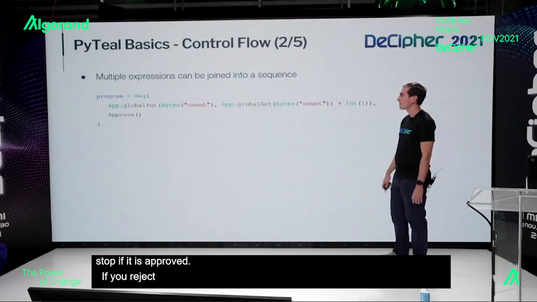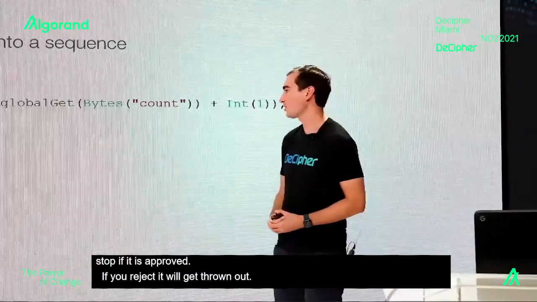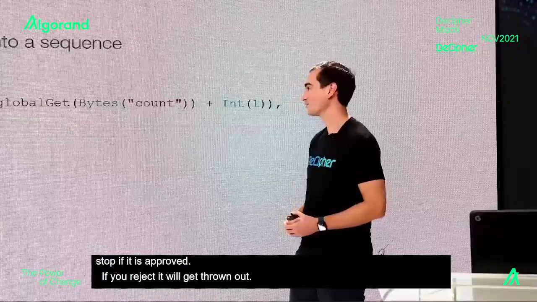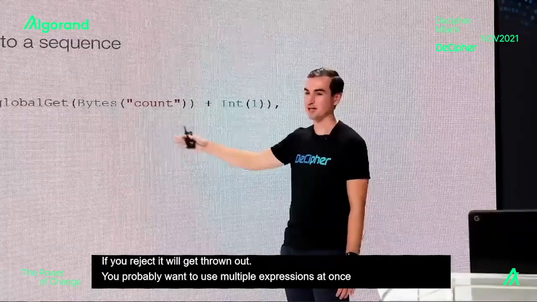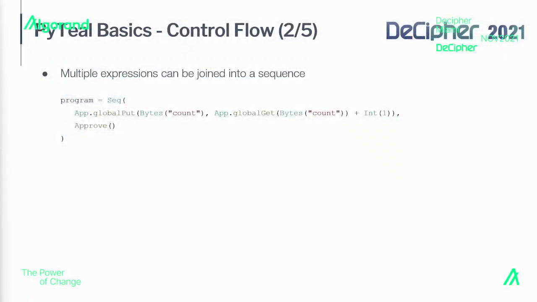All right. And so you probably want to use multiple expressions at once. Otherwise, your program wouldn't be very useful. So we have this sequence expression that lets you combine as many lines of code as you need in PyTeal. This example right here is a program that essentially just counts how many times it was called.